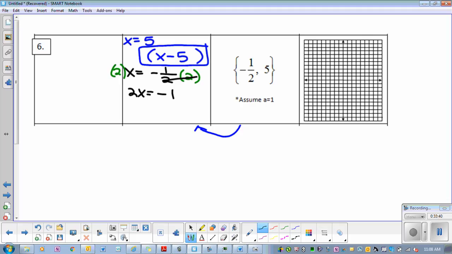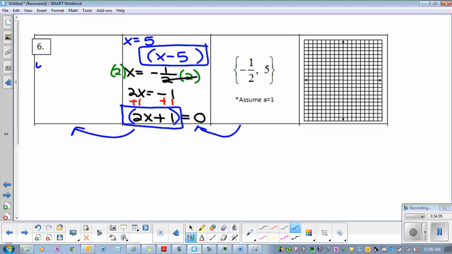Oh, no, you're making it equal to 0. Add the 1. So now you have 2x plus 1 equals 0. Well, there's your factor right there. 2x plus 1. Okay? When you have a fraction, you're going to get a number in front of that x.